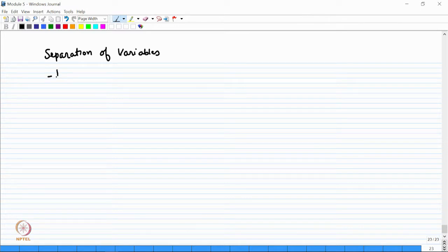So our differential equation was minus 1 over 2 del square psi. Now del square has this long expression.